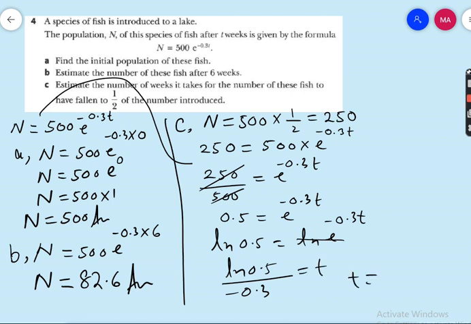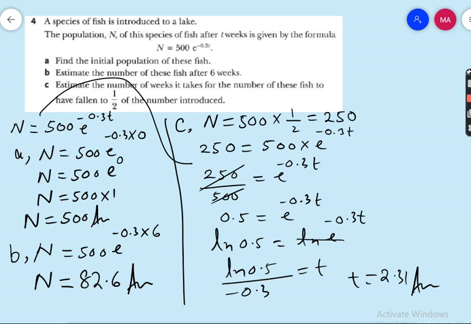By using the scientific calculator, find the value of t. Now the answer is 2.31, because t is the number of weeks, so it should be positive, and after calculation you will see the positive answer.